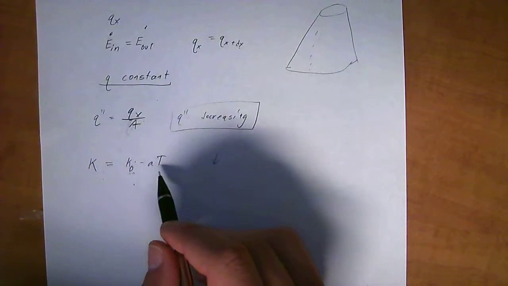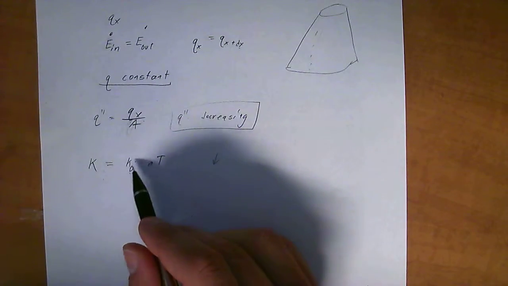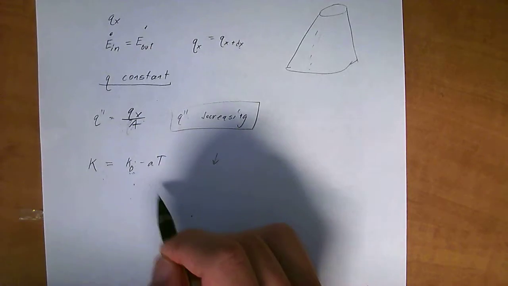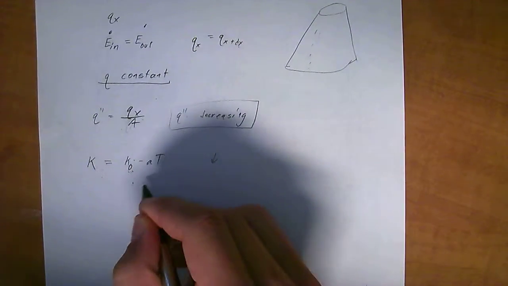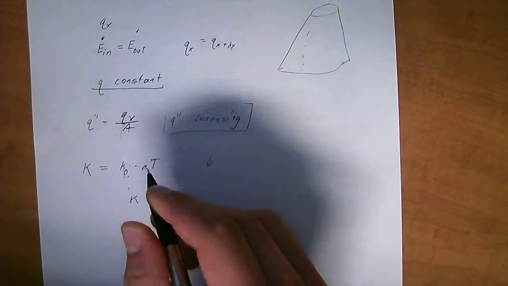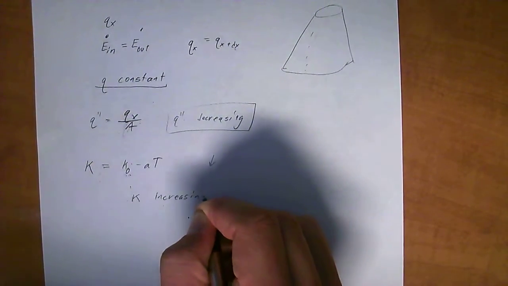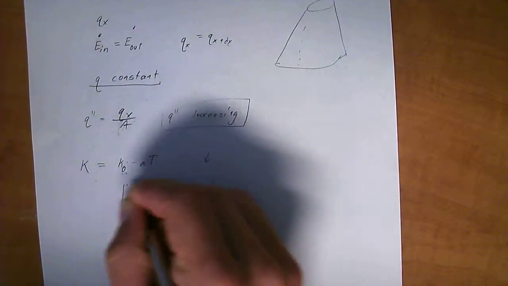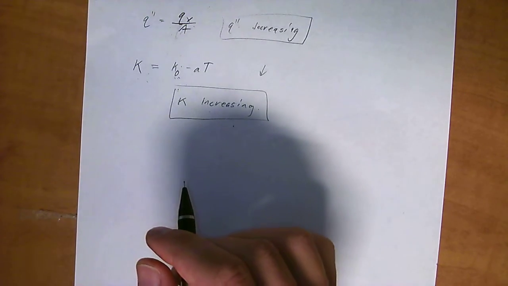Up at the top, T is at its full value and k is as small as it's going to be. But as T gets smaller, the subtraction from the original k gets smaller and smaller. So k actually becomes larger as you move down the cone. Because of this relationship, k is increasing with increasing x. Box all of these correctly so we know what's going on.